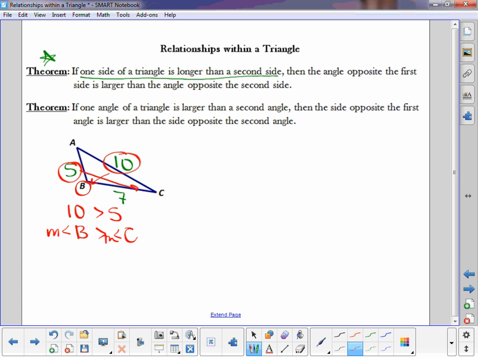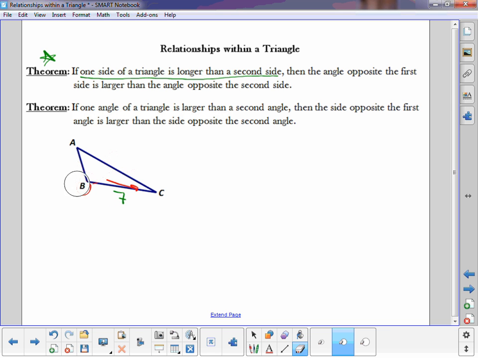Okay. So what's cool with this then is that I can go ahead and use this to help me figure out all three sides here. Okay, let me just erase it. What we say, 5, 7, and 10. Okay. So if I have that side, which side is my biggest again? The side AC. Good.